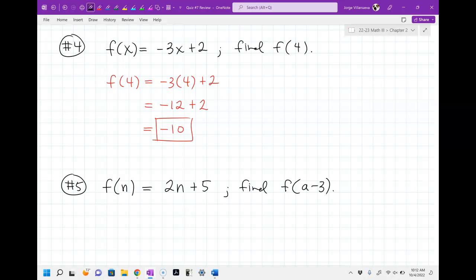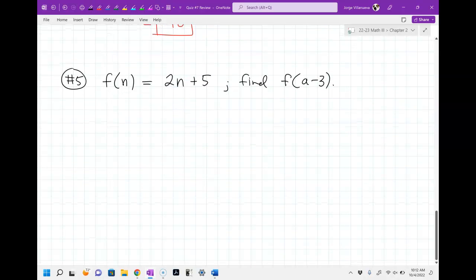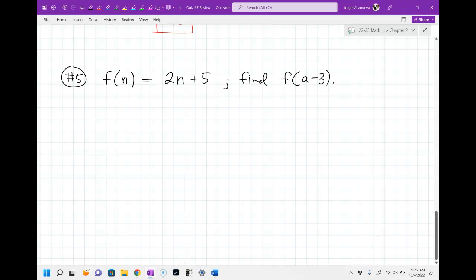That's what I want you to find. Not plugging in a number, but plugging in an expression. Just because it's an expression doesn't make it different from plugging in a number. I'm going to plug in the a minus 3 where the n is, just like I would any other number.